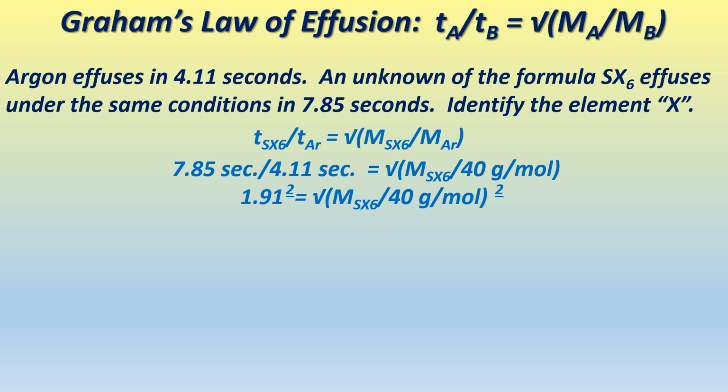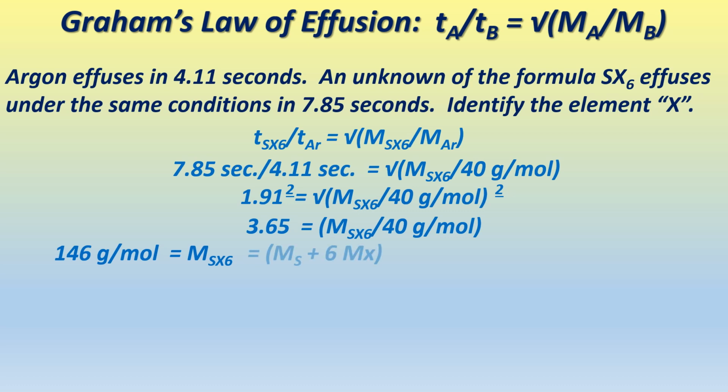To remove the square root, both sides are squared. You get the mass of the unknown over 40 is equal to 3.65. In other words, the mass of the unknown is 40 times 3.65, or 146 grams per mole.